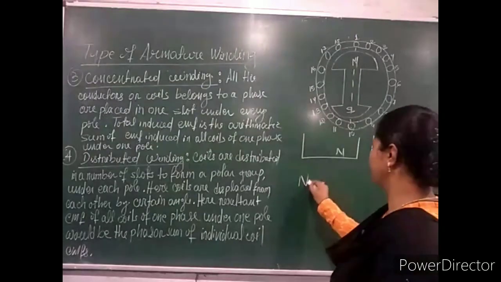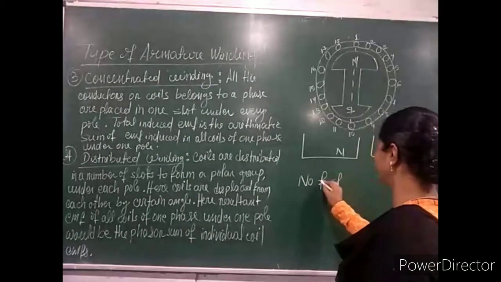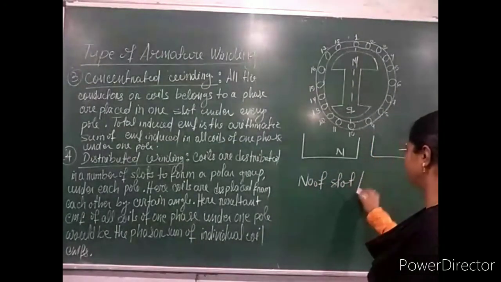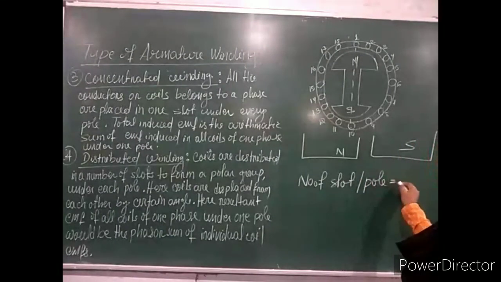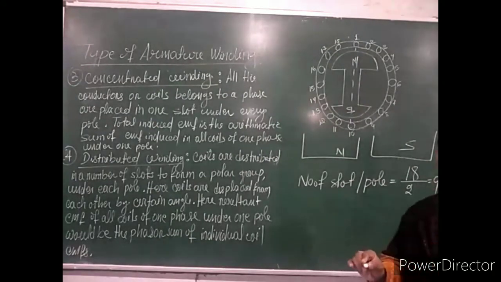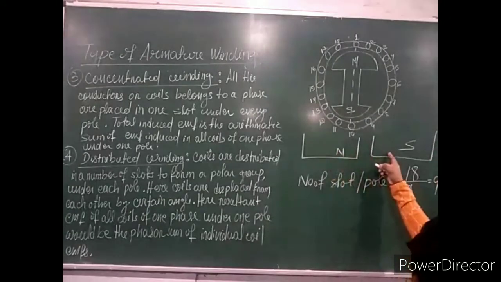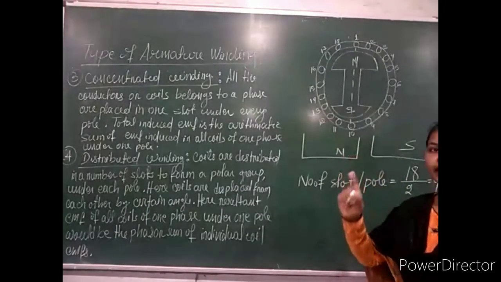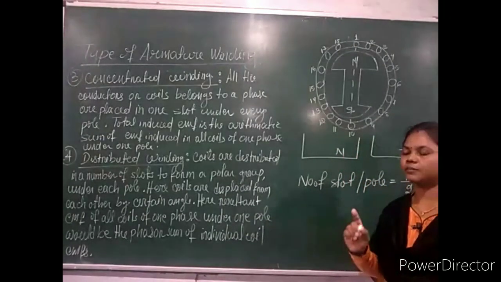Here the number of slots per pole is 18 slots divided by 2 poles. Slot per pole is equal to 9. So here you are very clear that under each pole 9 slots come.